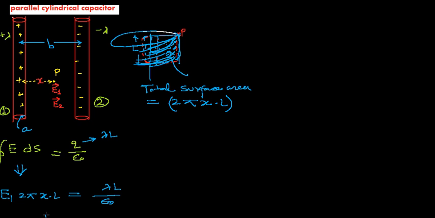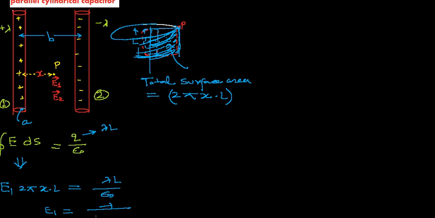Then E1 will be equal to lambda divided by 2 pi epsilon naught x.